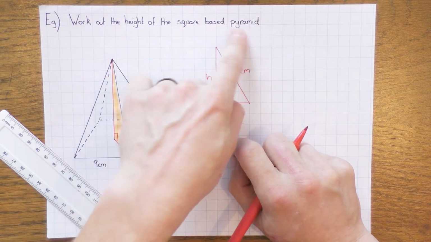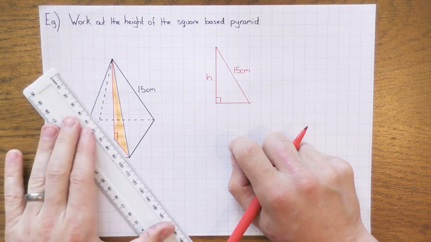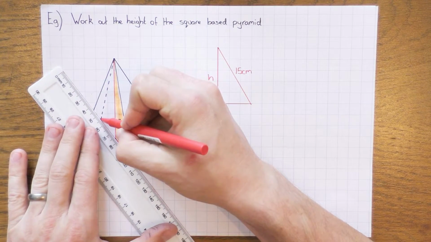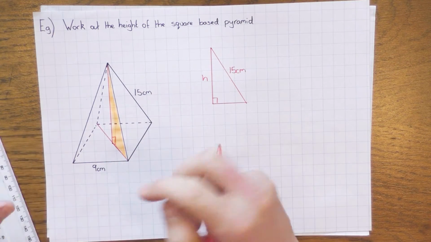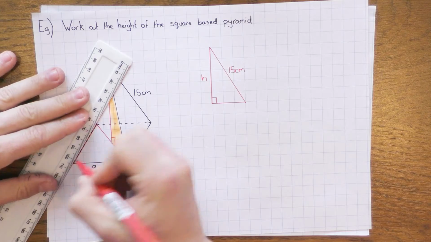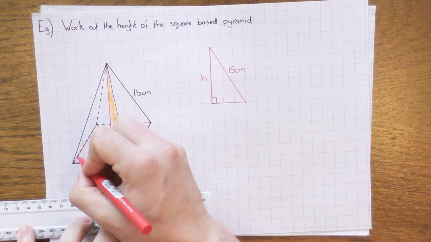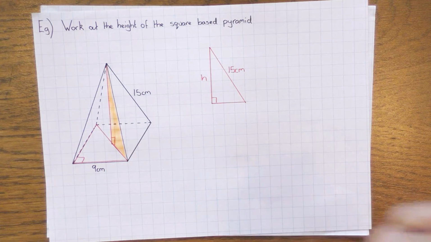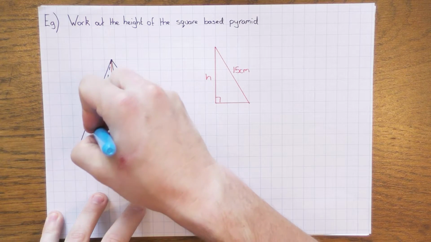And the question says it's a square base pyramid, so the base here is a square. So if I go diagonally across like so, I have then made another right angle triangle here, because the corners of a square are right angles. And again, I'll just colour that in so you can hopefully see it a bit easier.